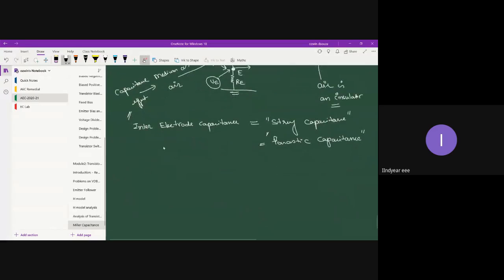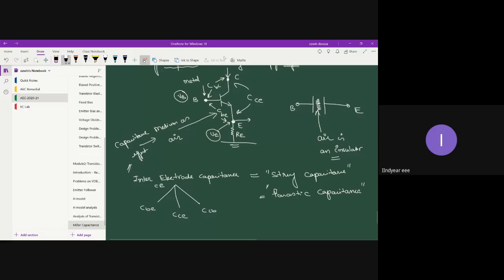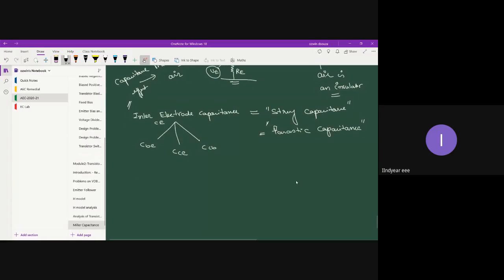So these inter-electrode capacitances for a common emitter configuration, you can say there are three: base to emitter, collector to emitter, and collector to base. BC or CB doesn't matter. So this is called the inter-electrode capacitance.